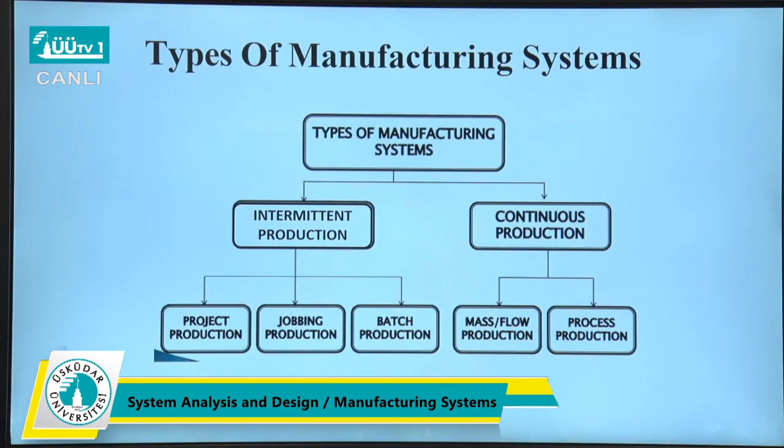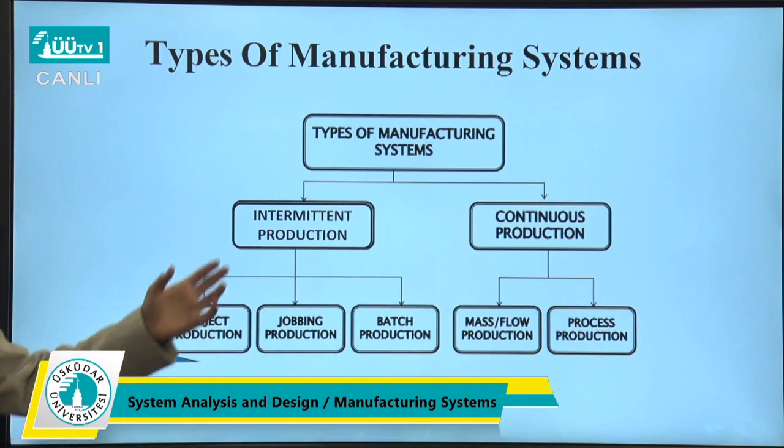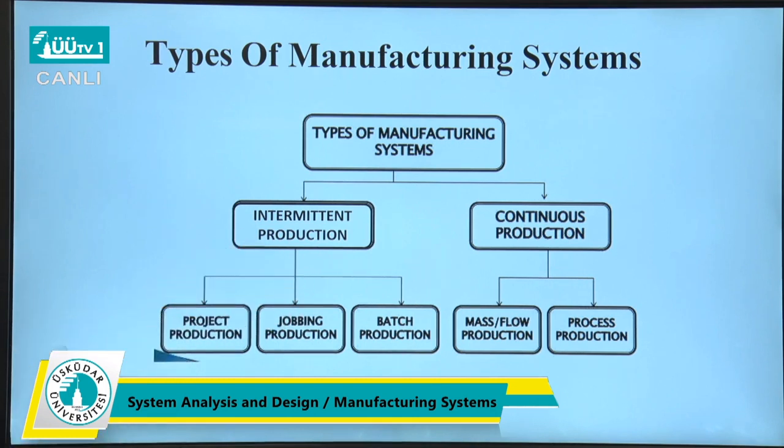So here we have the types of manufacturing system, which we classify into two different sections: intermittent, which is discontinuous production, and continuous production.